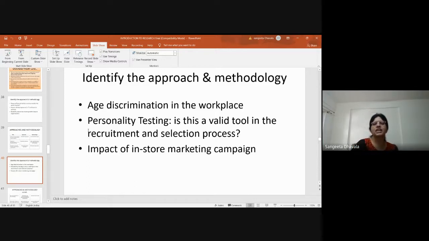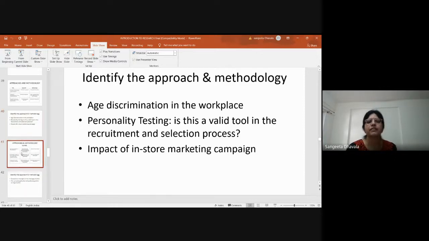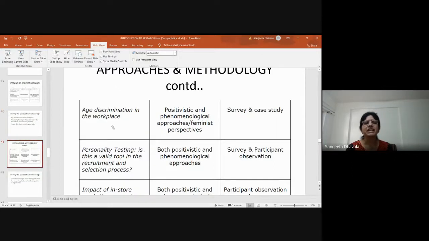This is the situation. Age discrimination in the workplace. Personality testing. Is this a valid tool in the recruitment and selection process? An impact of in-store marketing campaign. Now, here, age discrimination in workplace could be tackled in more than one way. You can take the positivistic approach, you can take the phenomenological approach and the feminist perspective.